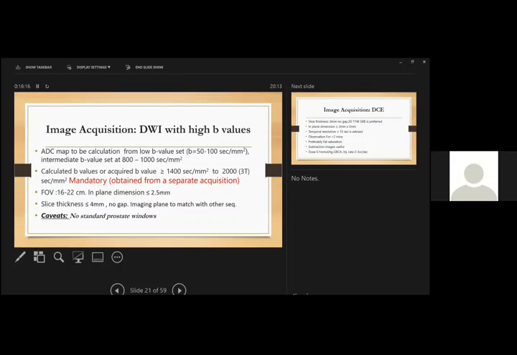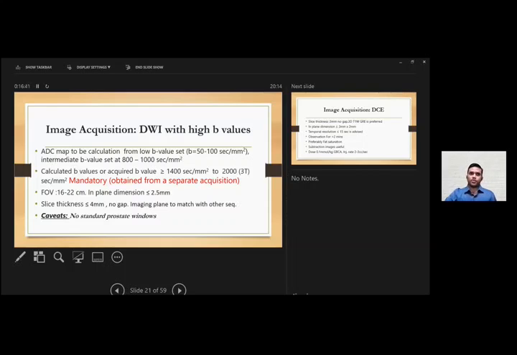ADC maps should be generated separately with a low B value set, where B values start from 50 to 100 and reach up to 800 to 1,000. So you have to run 2 diffusion sequences, one with an ultra high B value and one to generate ADC maps, which have B values from 50 to 1,000.